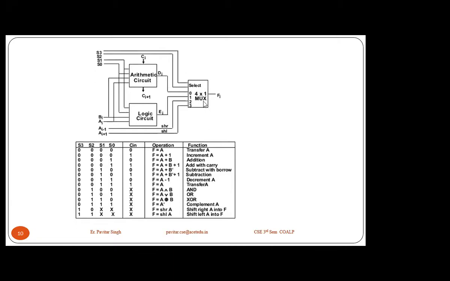MUX stands for multiplexer, which means it takes multiple inputs and gives you one output, right? So here I have used a 4 into 1 MUX. 1, 2, 3, 4. These are the 4 inputs given to the MUX, and these are 2 control inputs, or you can say selection lines, right? And it will give you the output in the form of F I. We'll show you its functioning in a few minutes.